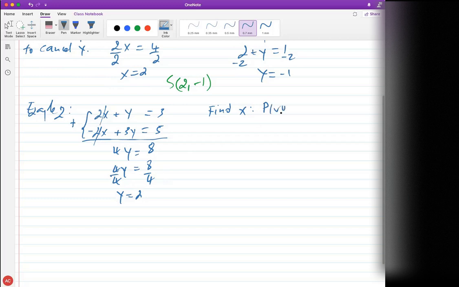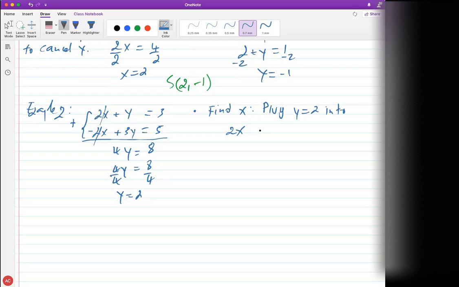I'm going to plug this y into one of the equations. It doesn't matter which one you use. You look at them, you see which one is convenient. So you're looking for x, maybe choose one. This one has a positive number, not a negative number, so it's probably less confusing when we have positive signs only. So we're going to plug this y into here and solve.